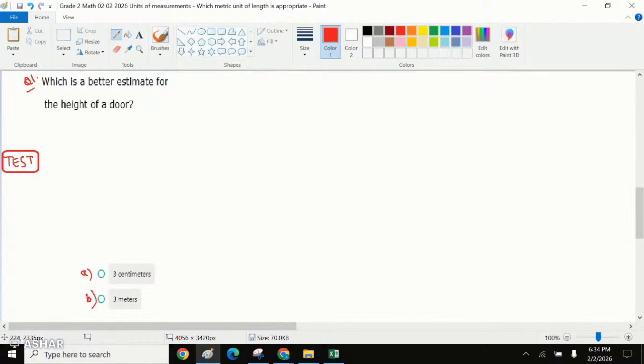Which is the better estimate for the height of a door? Three centimeters or 3 meters? Yes, perfect. 3 meters is a perfect estimate for the height of a door. Option number B.